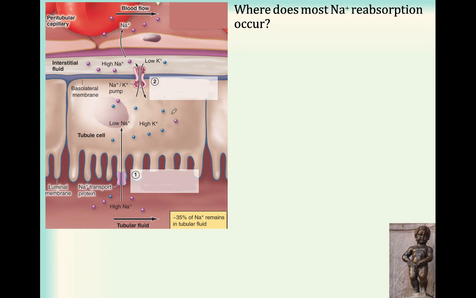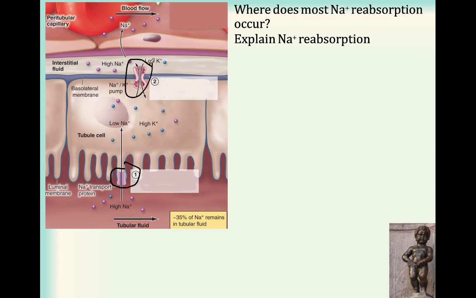All right, where does most sodium reabsorption occur? Well, again, we said that most reabsorption occurs in the proximal convoluted tubule. They have more highly developed cuboidal epithelial cells with more microvilli. And so that's where the majority of the sodium transport is occurring. Here you can see these sodium transport proteins. And so they might be like leak channels. They move across.